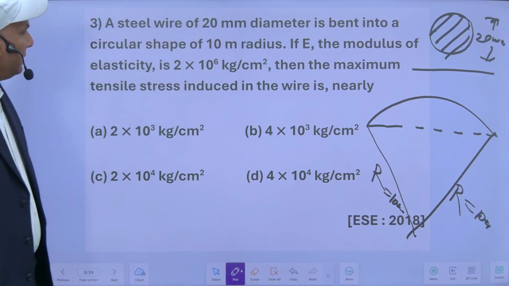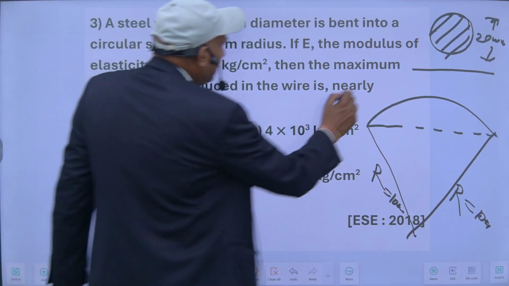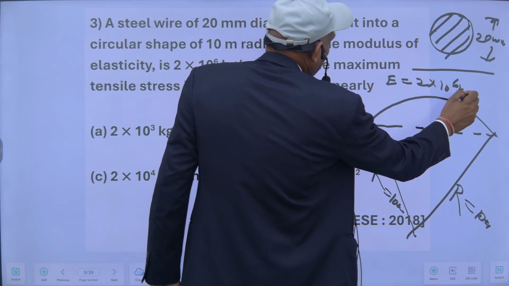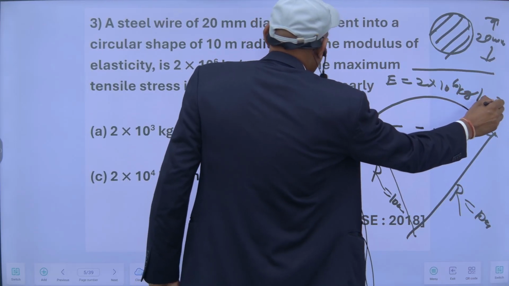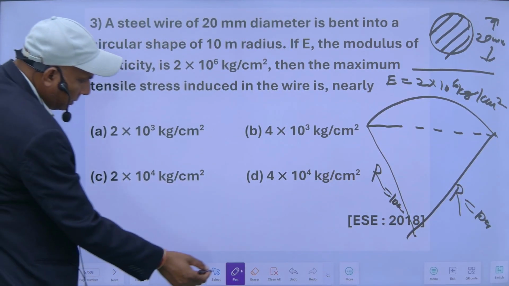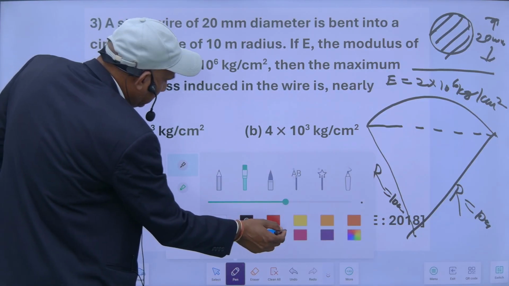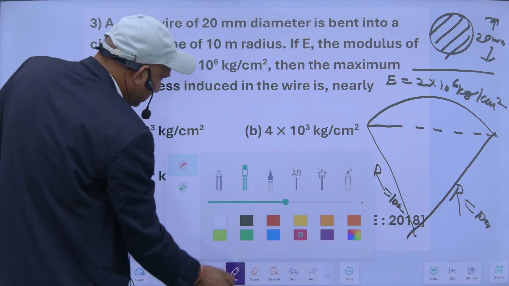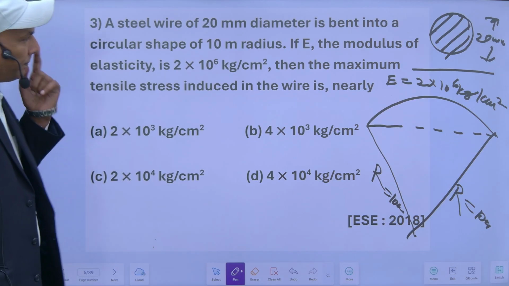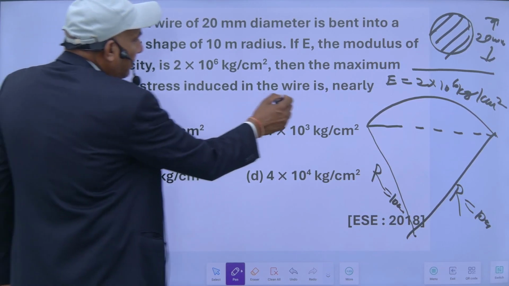And the modulus of elasticity E is 2 into 10 raised to the power 6 kg per centimeter square. So now I have to find the maximum tensile stress induced in the wire.